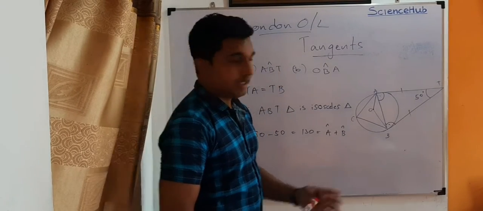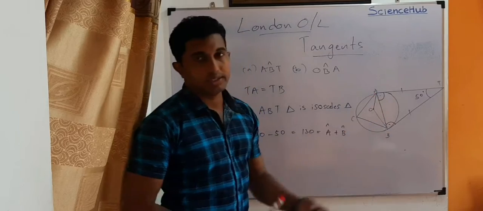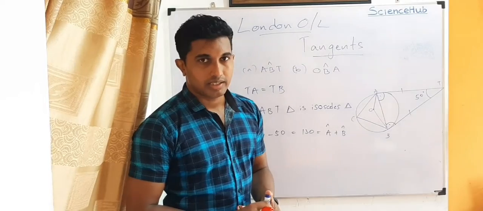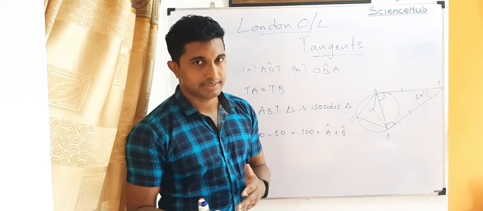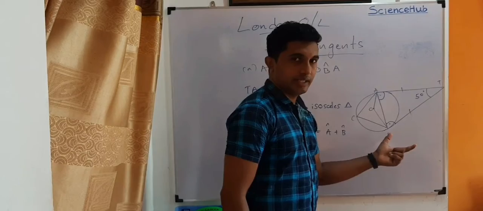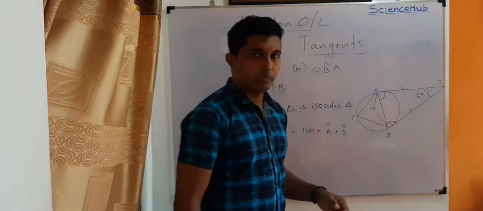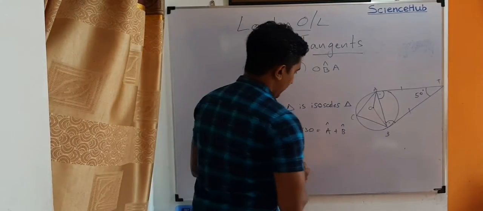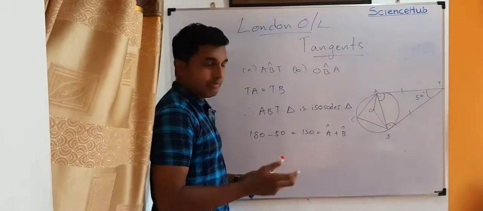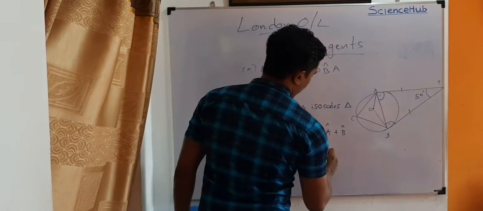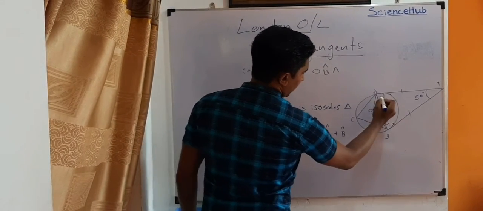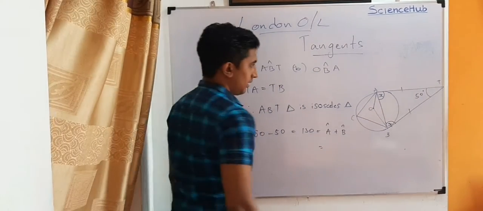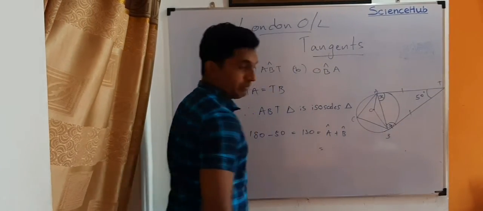And the angles opposite to the same sides are equal in size. Therefore, these two angles A and B should be the same in size. We can consider that if this one is x, then this one is also x.